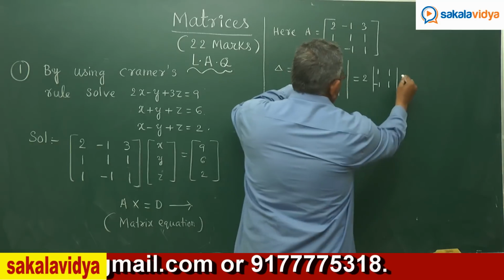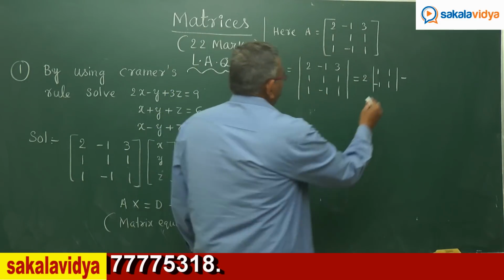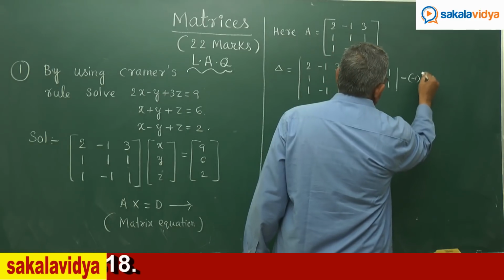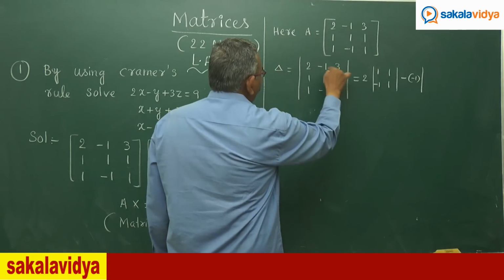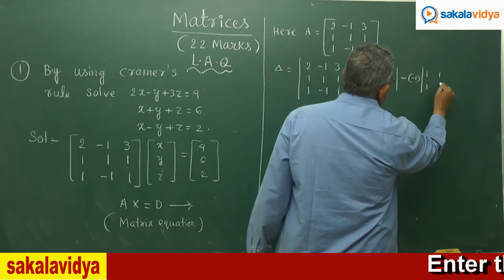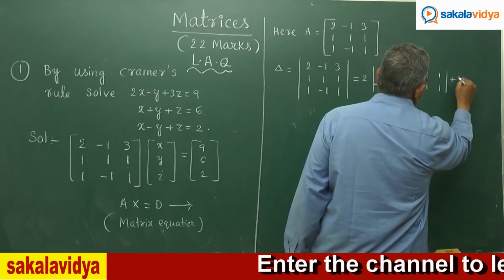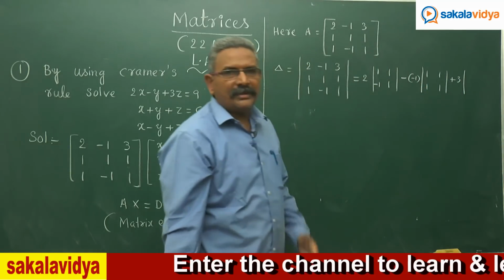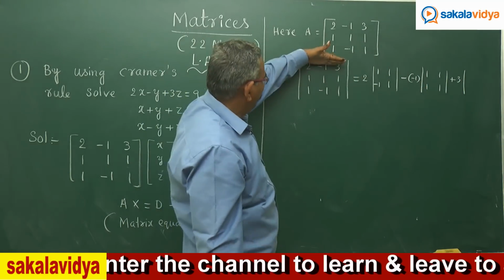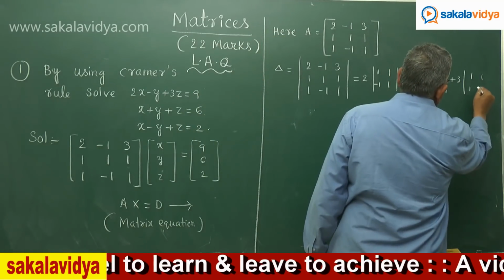Next, minus of minus 1, multiplied by the determinant after deleting this row and this column: 1, 1, 1, 1. Next, plus 3 times its cofactor. What is its cofactor? Deleting this row, this column, we have 1, 1, 1, minus 1.